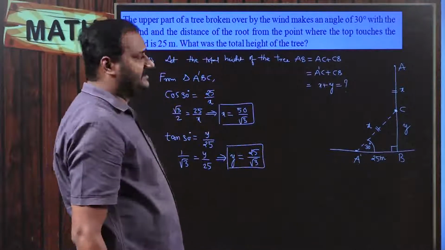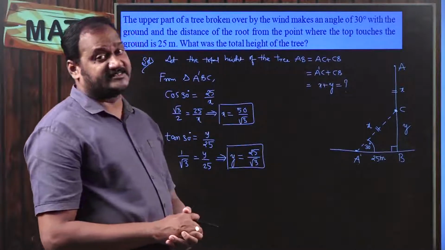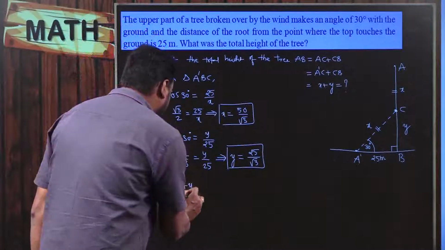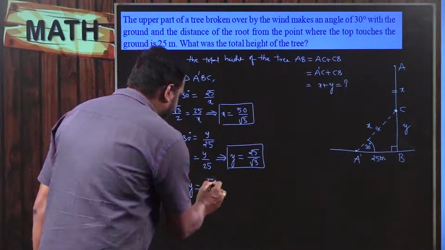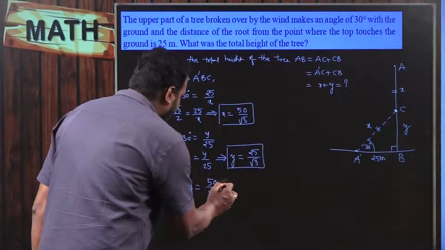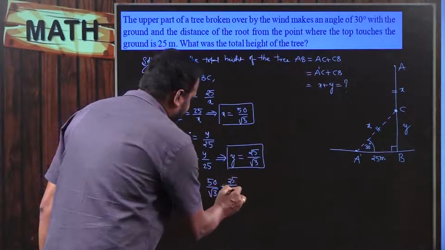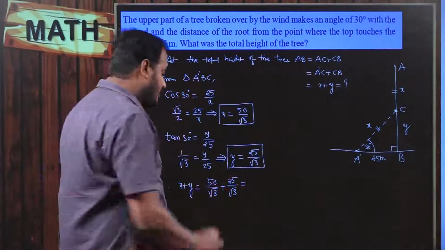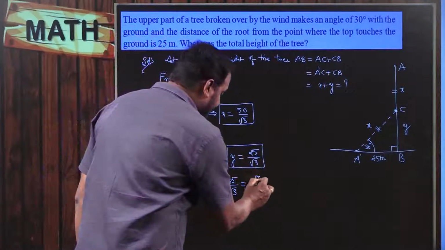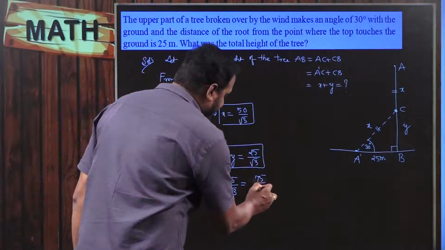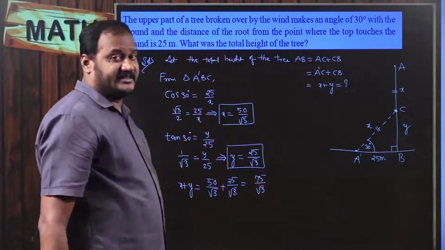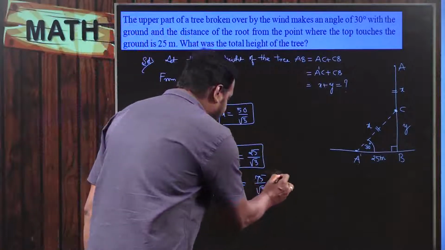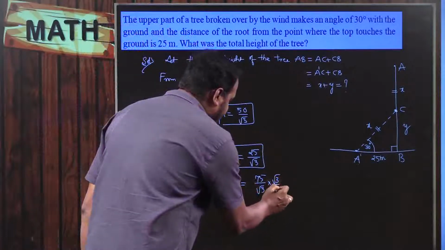But what I want here is the value of X plus Y. So X plus Y is 50 divided by root 3 plus 25 divided by root 3, which is equal to 75 divided by root 3. Since the denominator is an irrational number, I need to rationalize the denominator by its rationalizing factor.